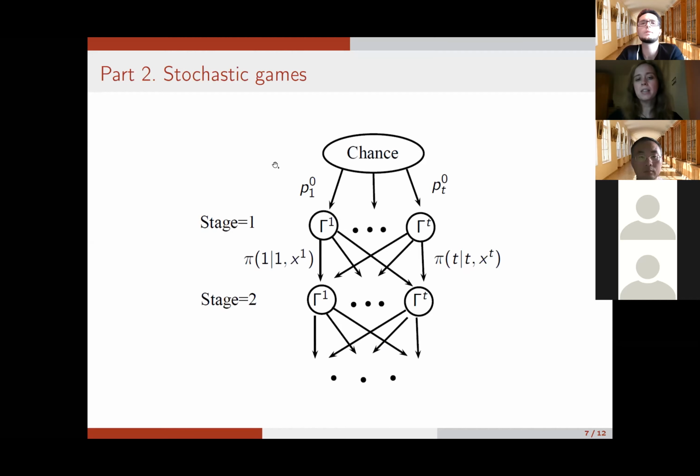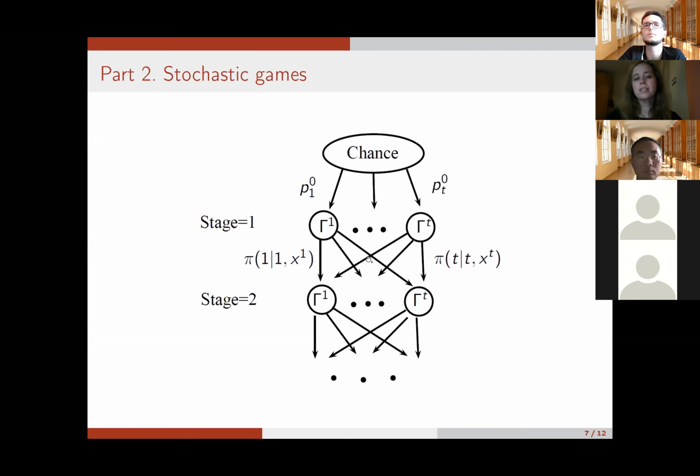In this class of games, first chance moves and proposes the first state for stage one, which is one state of nature from, for example, T possible states. After that, when the state is chosen, players choose their strategies, get their payoffs, and then they transit.